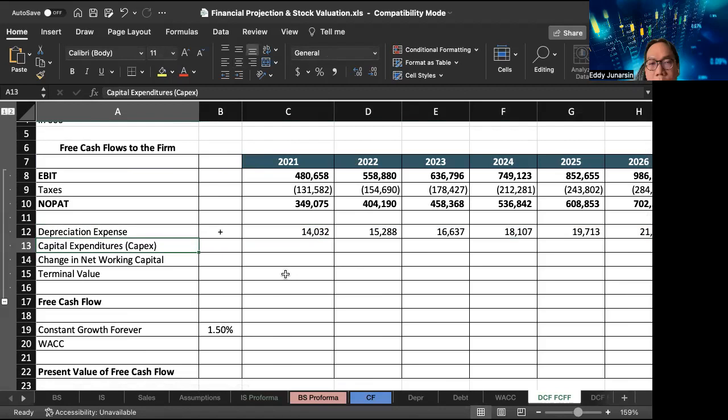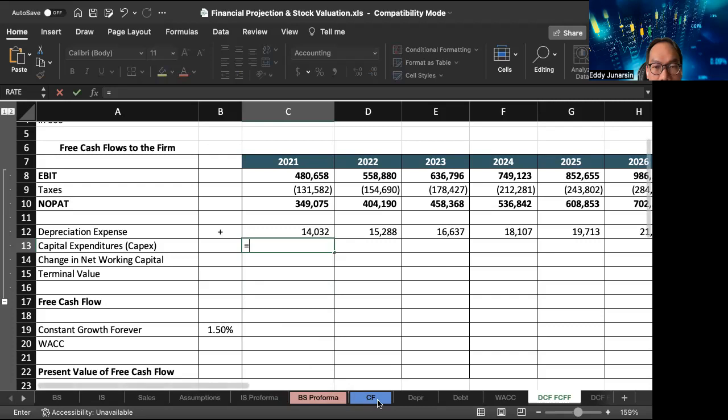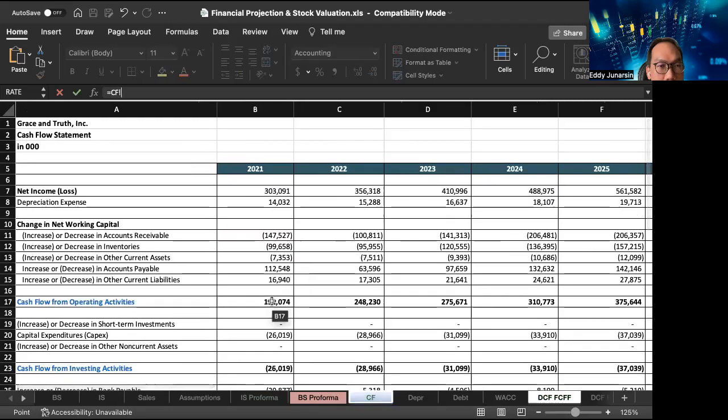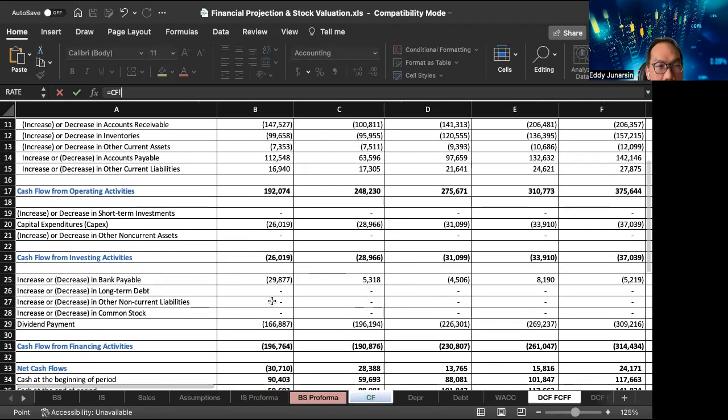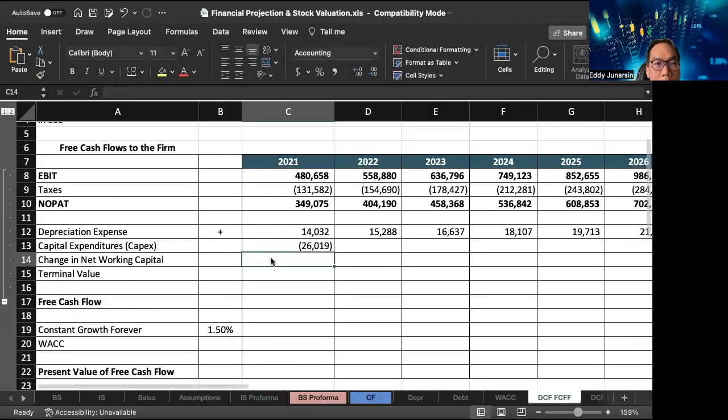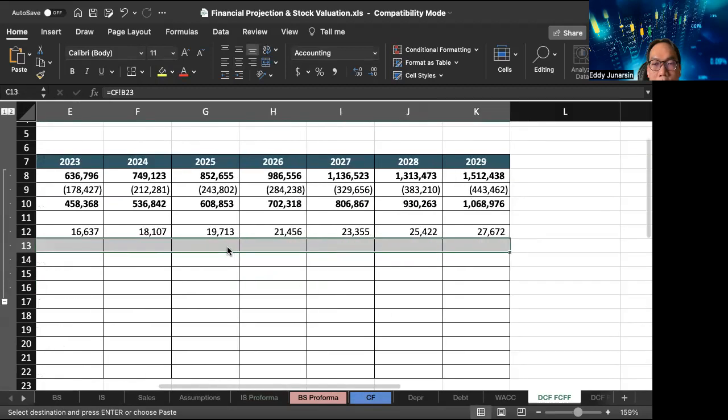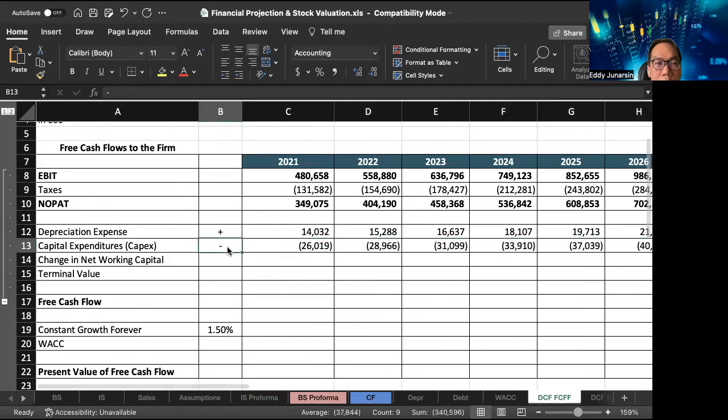Capital expenditures, we can get it from the cash flow statement. Capital expenditures. Yeah, just use the cash flow from investing activities. All right. So minus, right? Negative relationship. Spending for investing activities. And then change in net working capital.